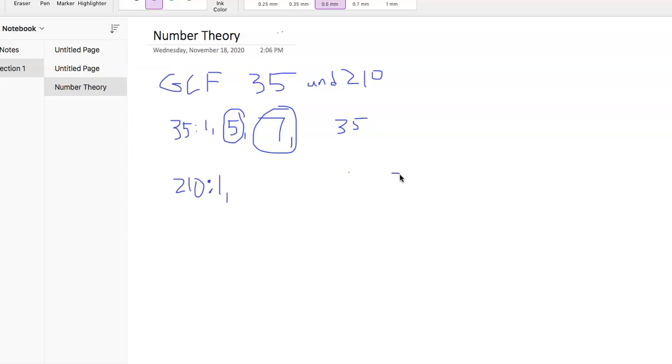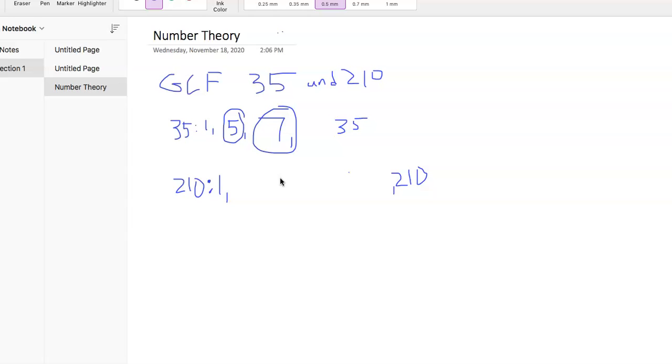Trying to remember, it's not actually necessary to go through all the factors. 210 has quite a few factors, right? But the only question you have is, are any of the factors either 5 or 7 or both? Because those are the only ones that 35 has, and both numbers need to have them to multiply together.